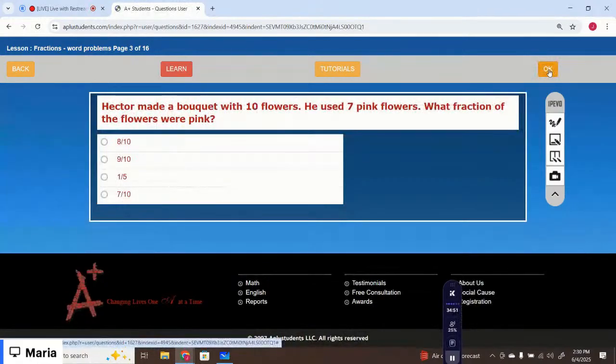Hector made a bouquet with 10 flowers. He used 7 pink flowers. What fraction of the flowers were pink? So which is the correct option?